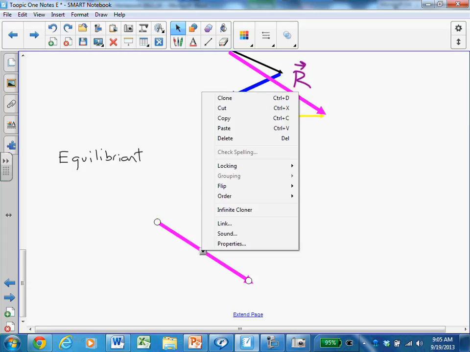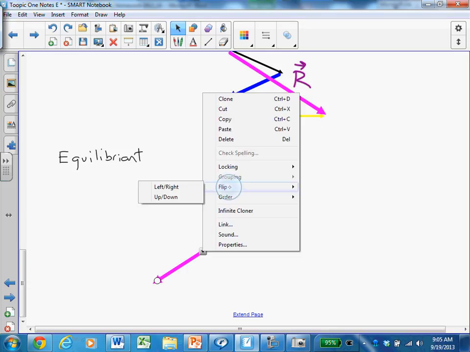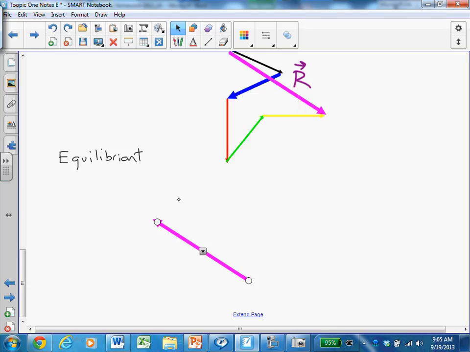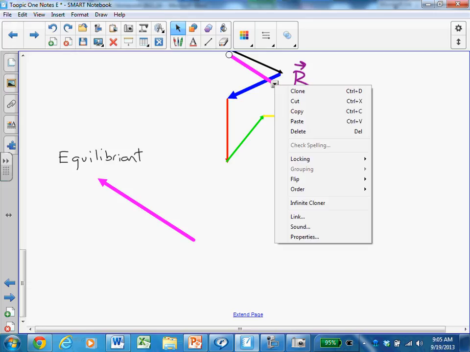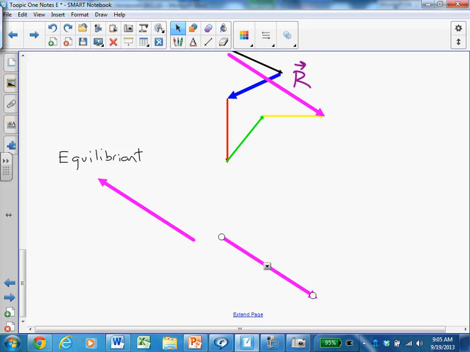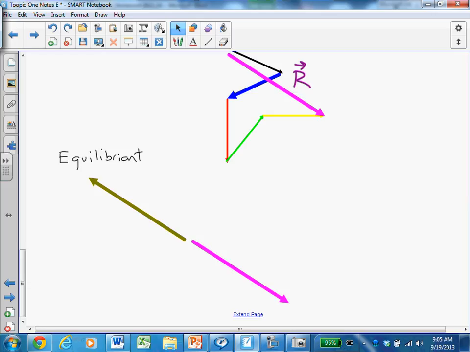So the way I can get it on here is I can flip it left-right, and then I can flip it up-down, and now I have, we'll make this one a different color, that's our equilibrium.